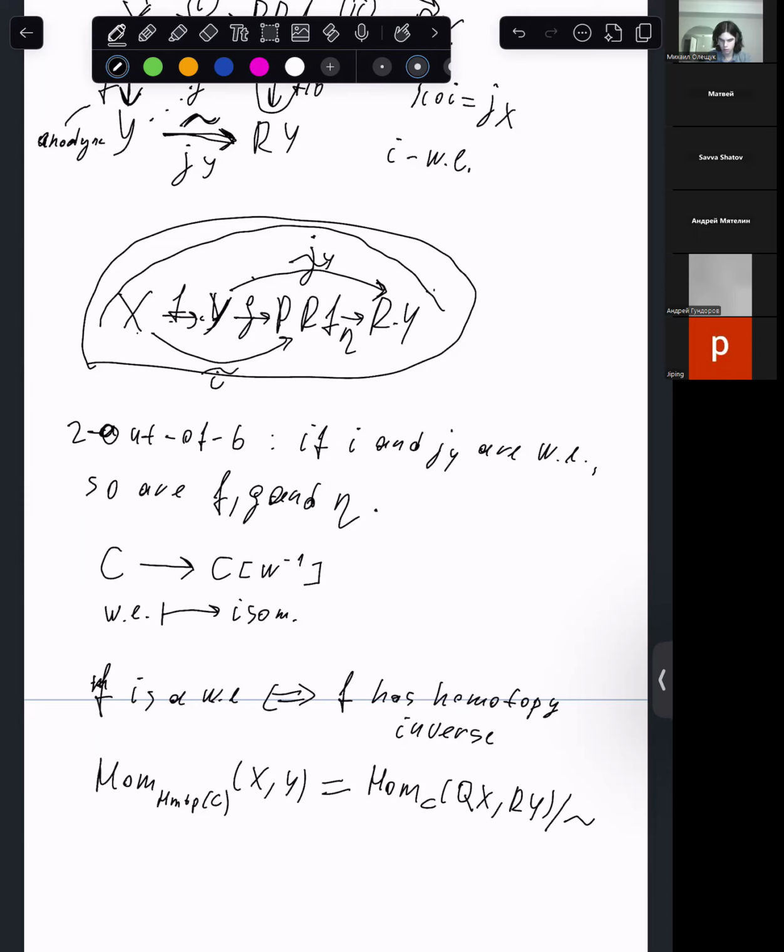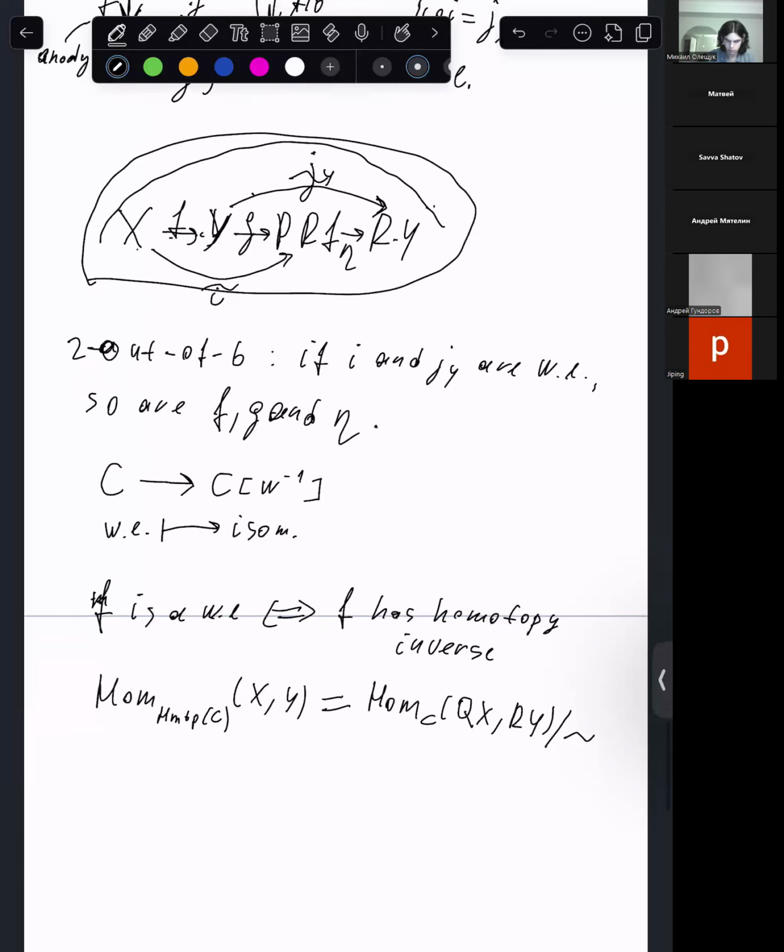So if we have a map that is a weak equivalence, yeah, we have a map. Yeah, let's write. Maybe let's write something different.